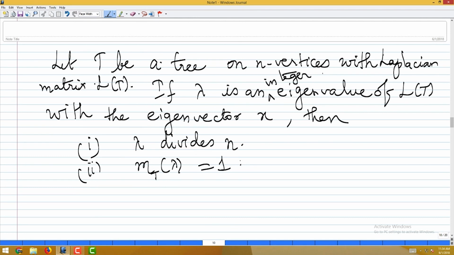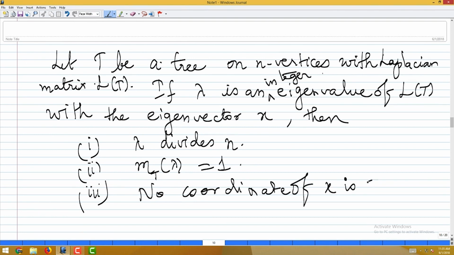So, it cannot occur in pairs or triples, it cannot repeat itself, right. And further we can also say that every component of the corresponding eigenvector x is going to be non-zero. Your eigenvector will have only non-zero entries. Okay. So, no coordinate of x is 0.